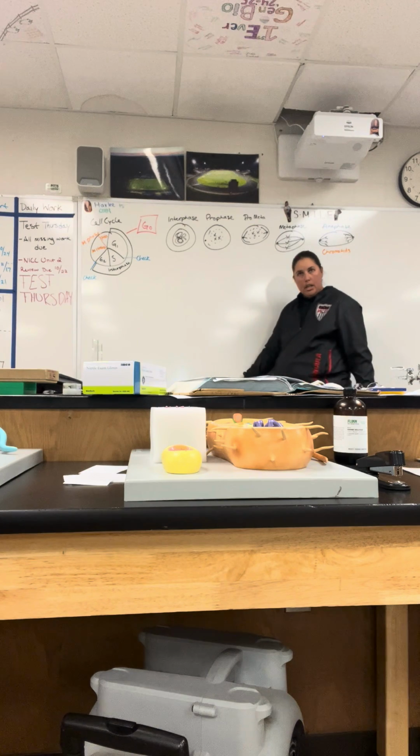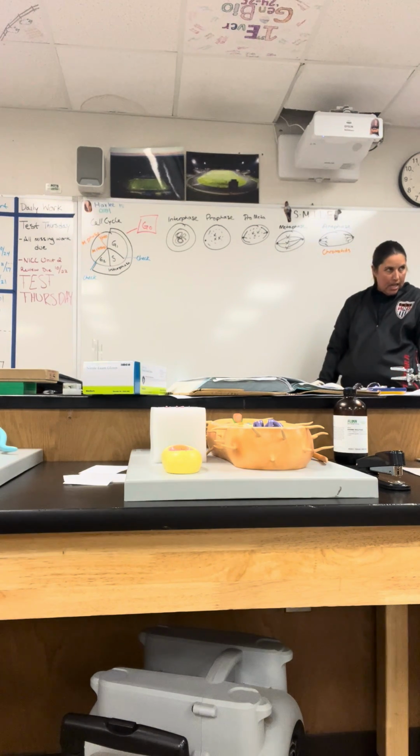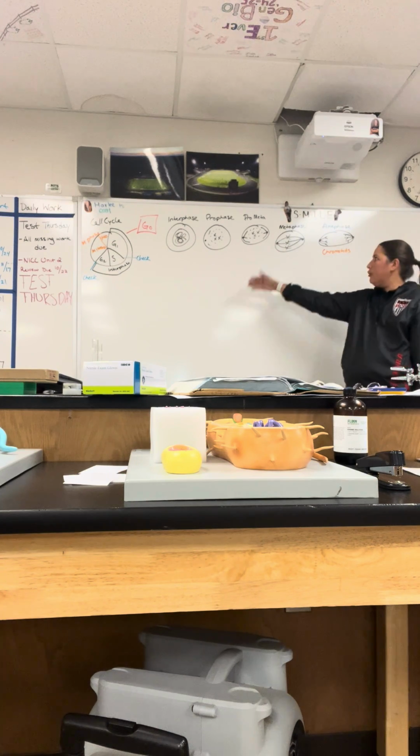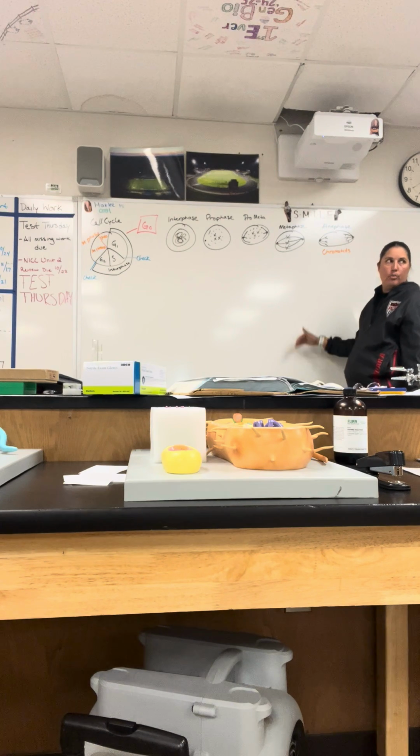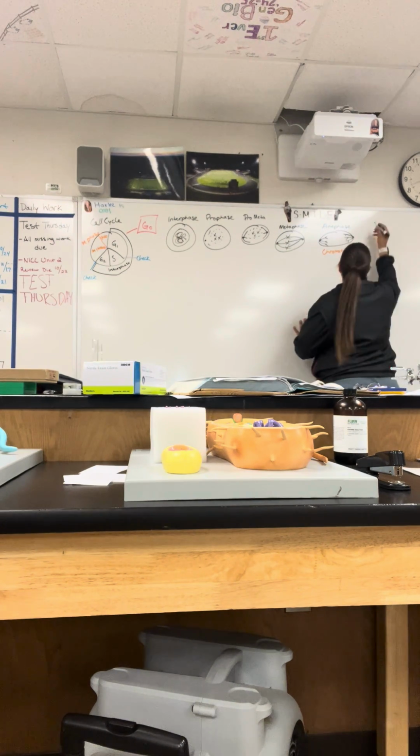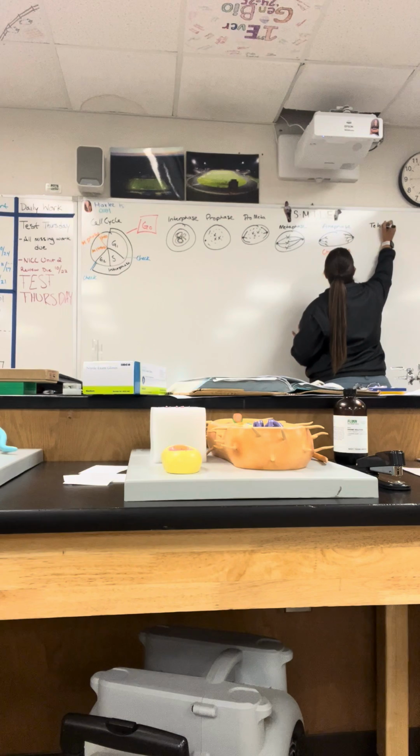There was a chart in your lab that is due today that had like the 2N. Where do you see sister chromatids? Well, you see them first in anaphase. You'll see them again in anaphase 2, but you see them first in anaphase. We then get into telophase.